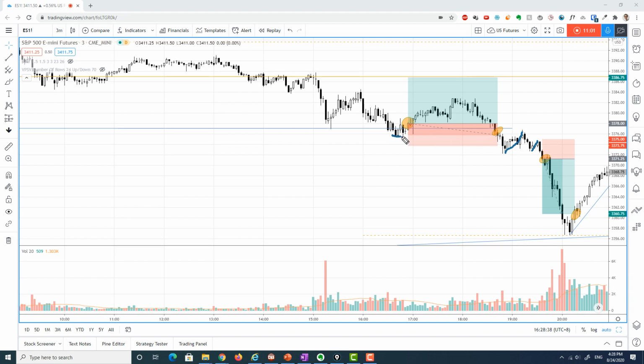And especially if I draw this up like this, or even use the original level 33.77, we can see that the rally actually just bumped right into the resistance zone at 33.75 to around 33.77, and showed some rejection here.